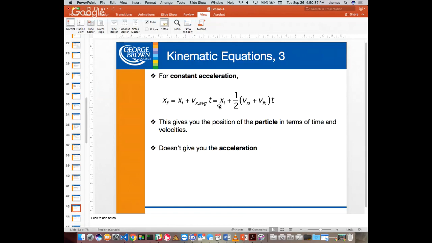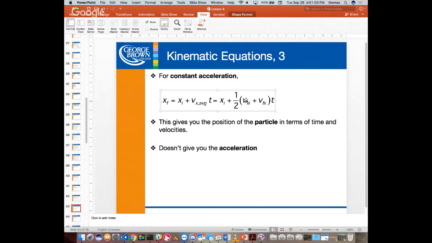Or you could take your initial position plus half of your final velocity plus your initial velocity, which is really just taking this apart. If I take Vx average, that is final velocity plus initial velocity divided by 2, I'm just expanding it over here times time.